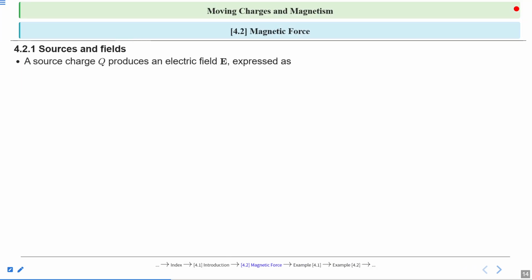Now the mathematical part. A source charge Q produces an electric field E. What was the electric field due to a source charge? E is equal to Q by 4 pi epsilon naught R square, times R cap, the unit vector which shows the direction of the electric field. Mark it as 4.1.